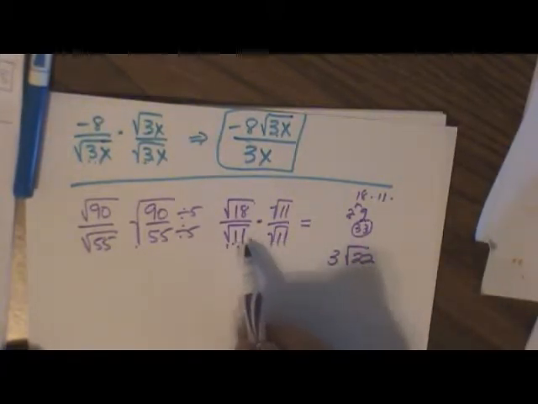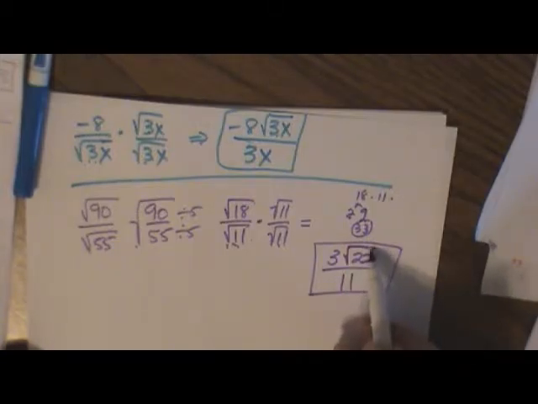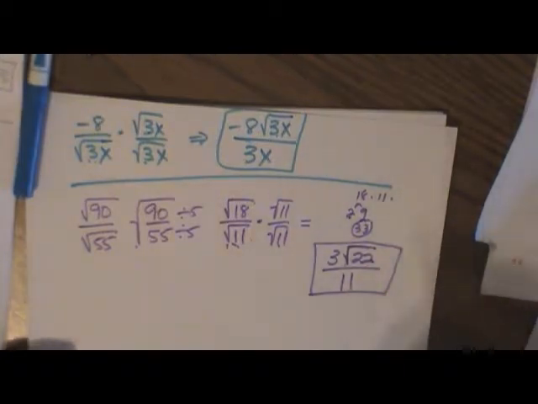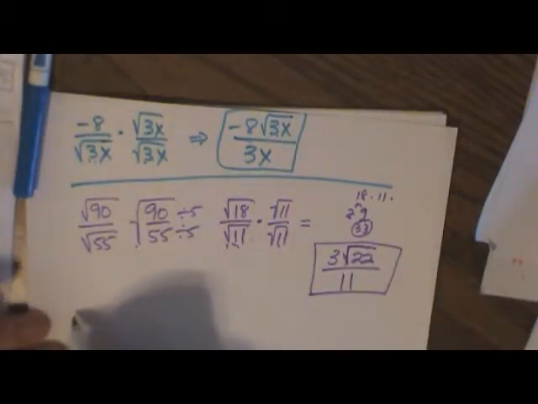And then the square root of 11 times the square root of 11 is 11. And that is as far as we can go because we can't cancel in here because one's inside, one's outside. Really important to remember that you can only cancel if they're on the same side of the fence. And that fence is the radical sign.